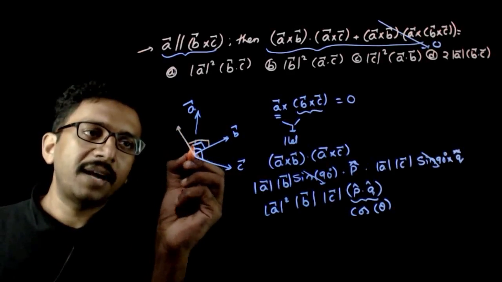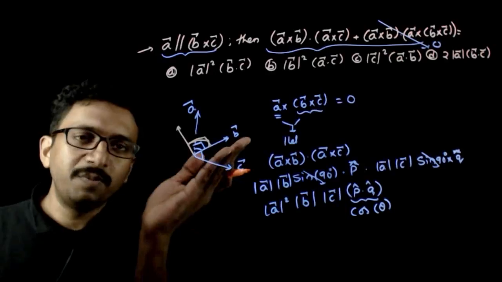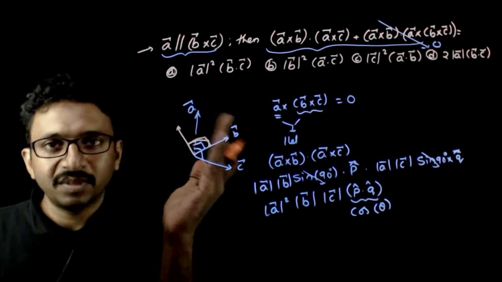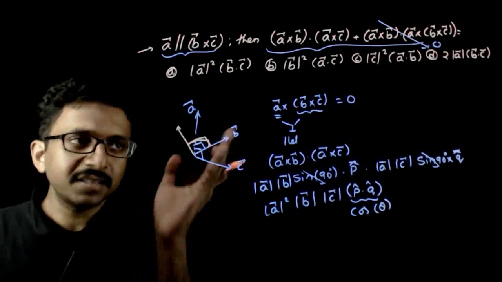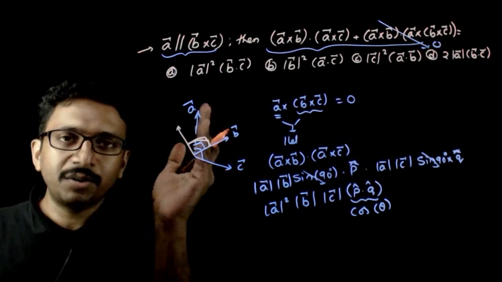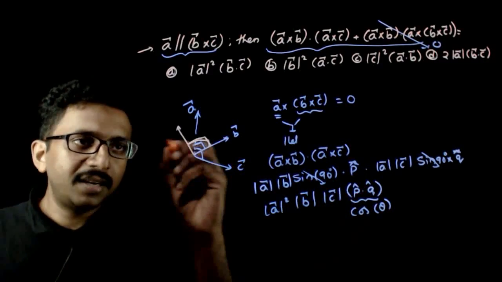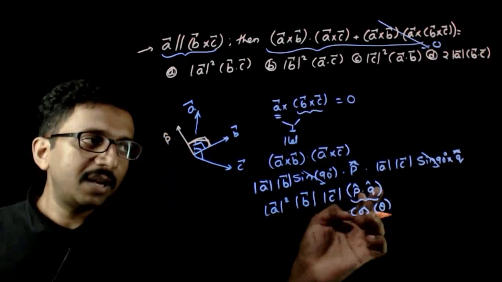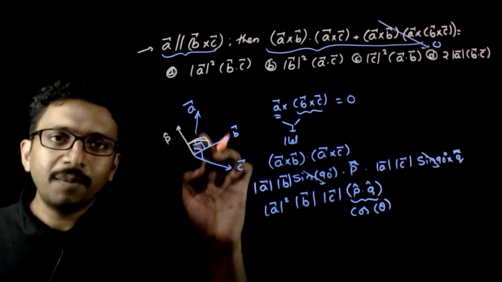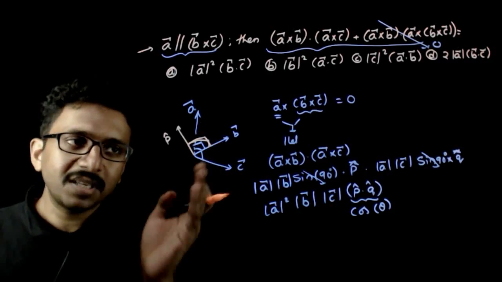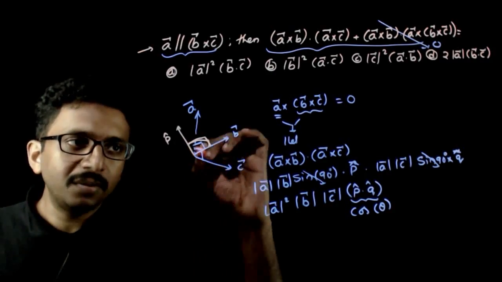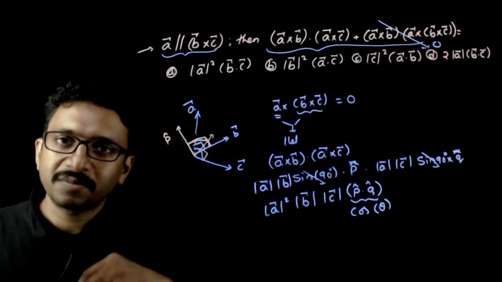Because A bar is already perpendicular to the plane, B bar will just be rotated through 90 degrees, and that is the direction of P cap. Similarly, Q cap is perpendicular to A bar and C bar, so C bar will be rotated through an angle of 90 degrees.